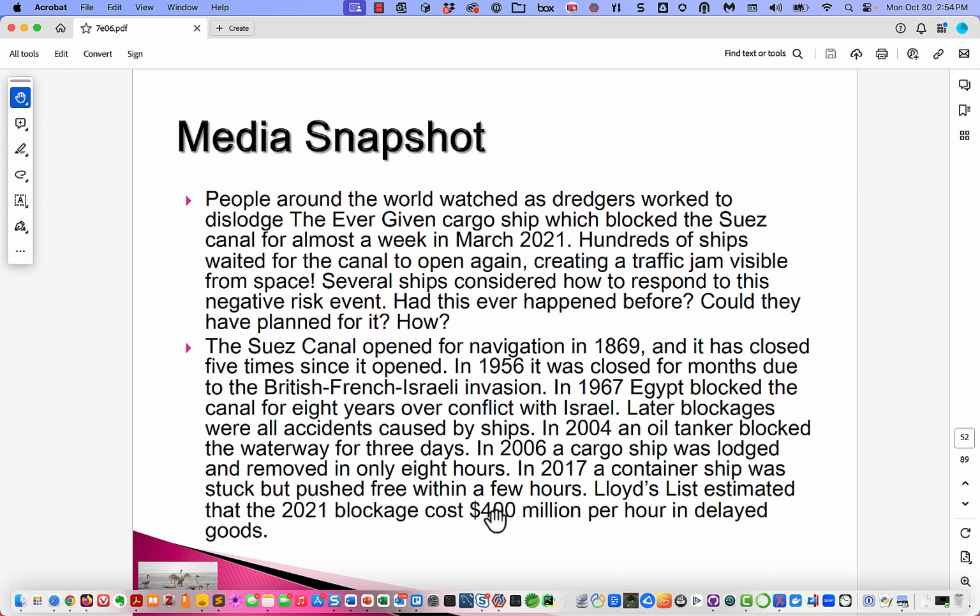This slide is another one of those things Kathy Schwalbe likes to do. This talks about the cargo ship that got stuck in the Suez Canal and held up traffic for a long time, and also some problems they had in the Suez Canal and other situations.